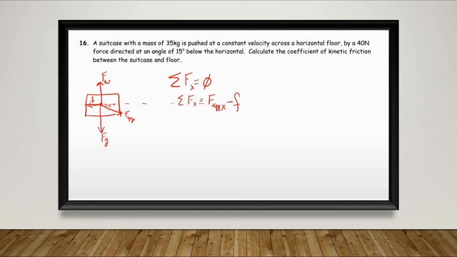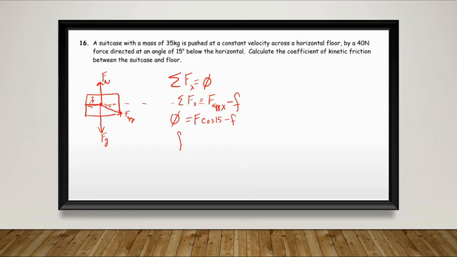So we have 0 equals our force applied cosine 15 minus friction.